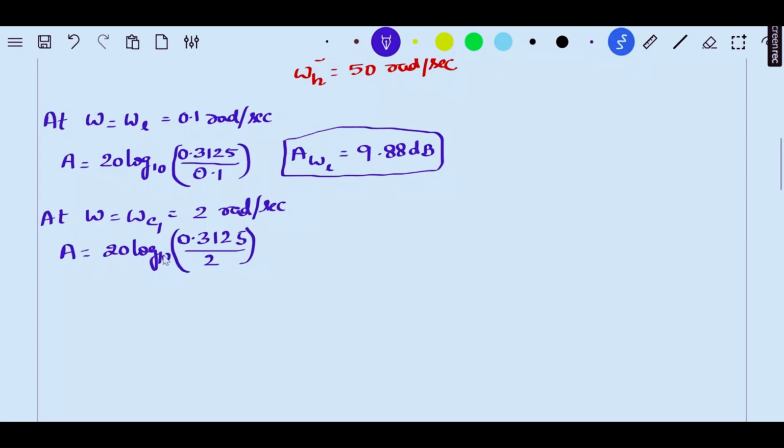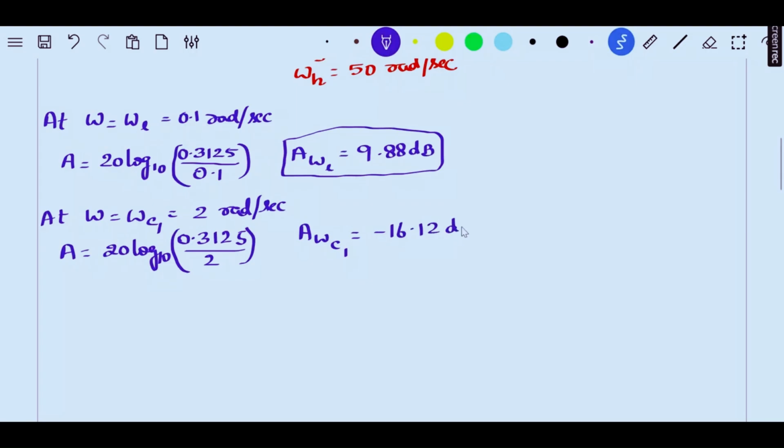If I solve this in the calculator, I get A at omega C1 equals 20 log of 0.3125 divided by 2, which gives me minus 16.123.